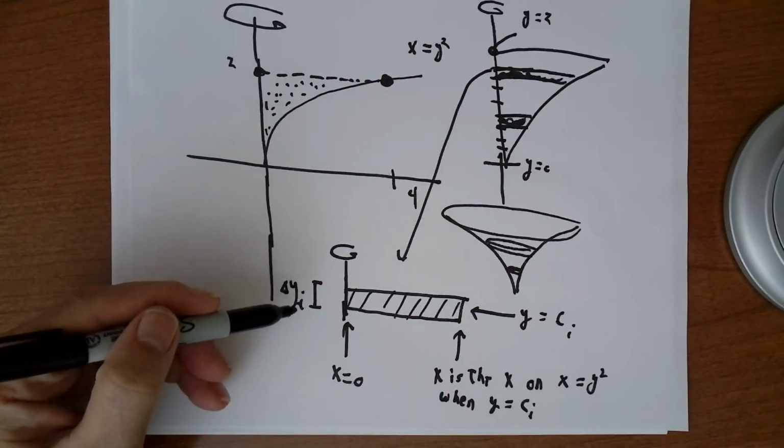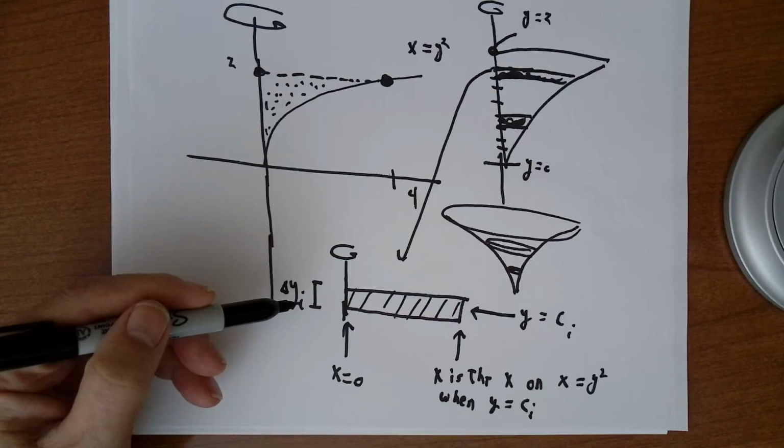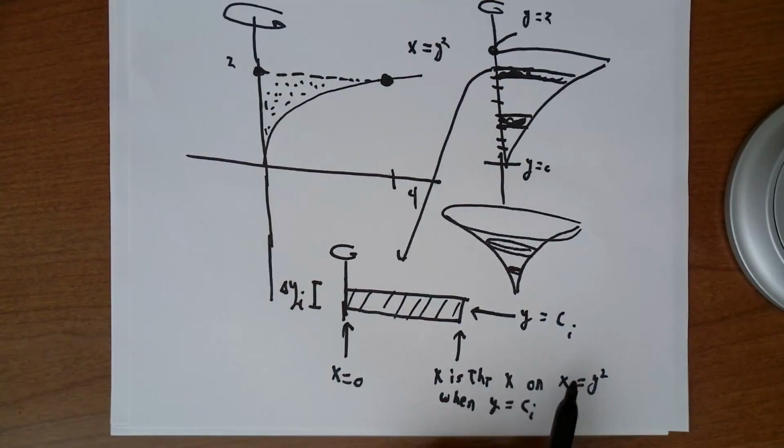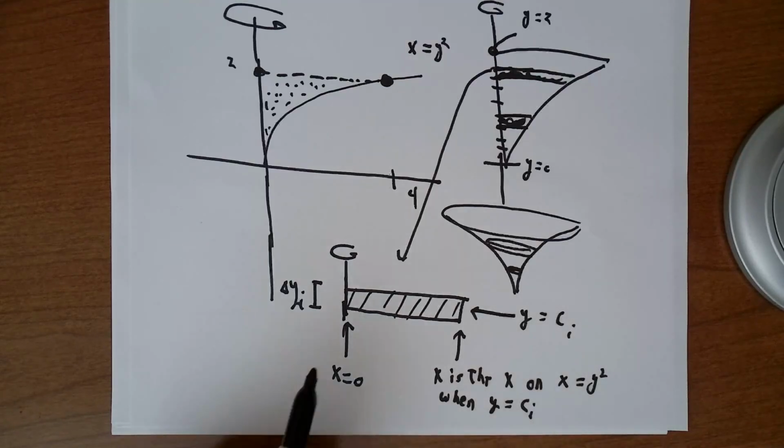Within each such chunk, I'm going to pick a representative value for the independent variable, which is y now. The horizontal strip starts at x equals 0 and ends when x is equal to the x on the graph of the curve at the place where y is equal to c_i.